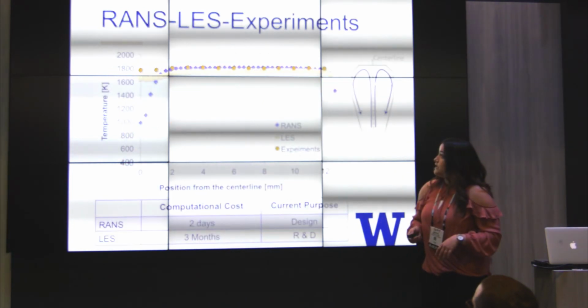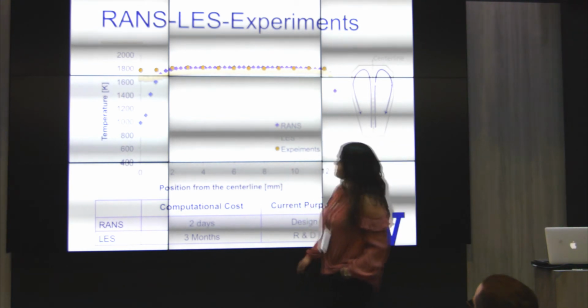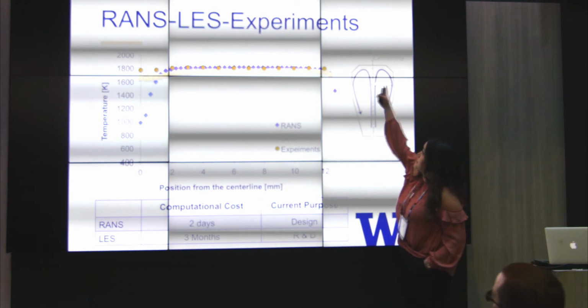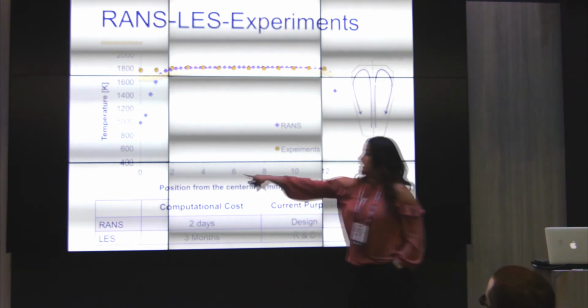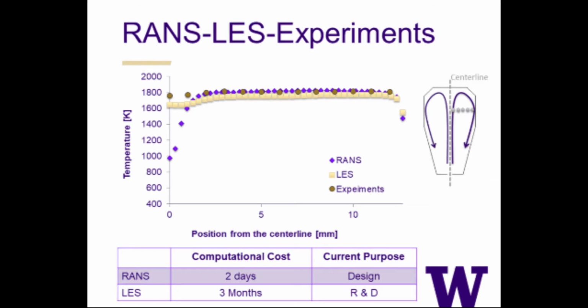Okay, so comparing RANS to LES, if we measure the temperature on this line towards the center line, going from 0 to 12, you can see that experiments showed that there's not much temperature gradient. Temperature is constant. But when we ran RANS, it showed that temperature drops where the core of the jet is, meaning that it predicts that the jet is longer.